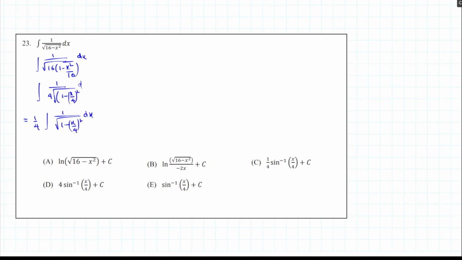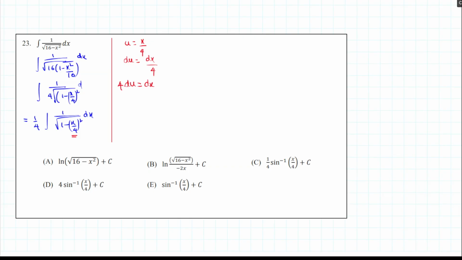Okay, so let's use the u substitution here. Let's use u equal to x over 4. So u equal to x over 4, then du is dx over 4, or dx is 4 times du.